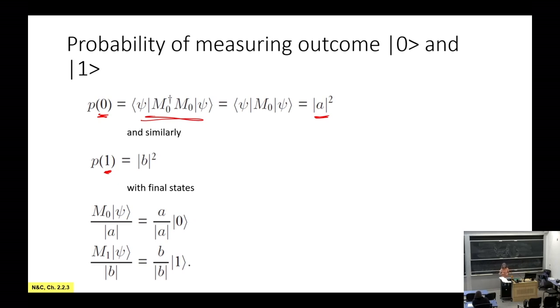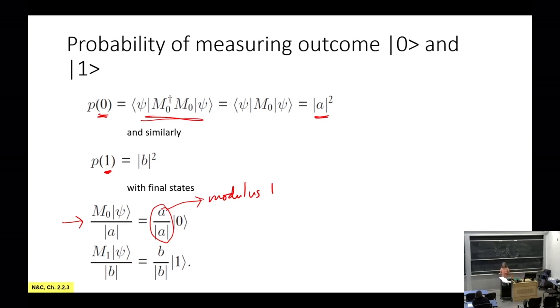And the state that I have after measurement is just equal to a over the absolute value of a times 0, or b divided by the absolute value of b times 1. And these kinds of multipliers, like a divided by the absolute value of a, have a modulus of 1, and so they can basically be ignored.